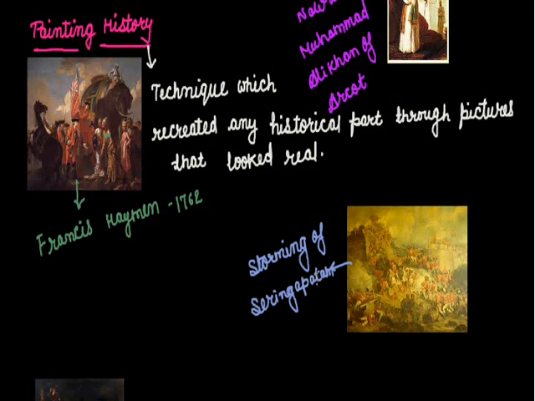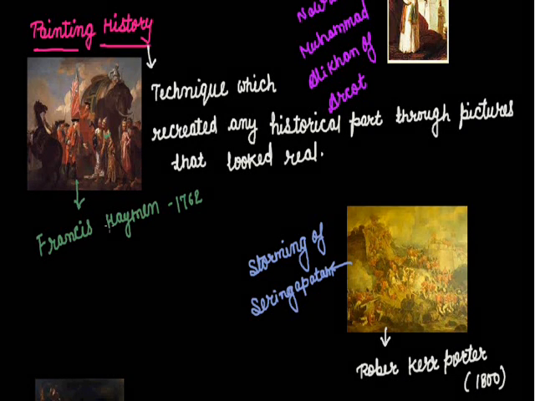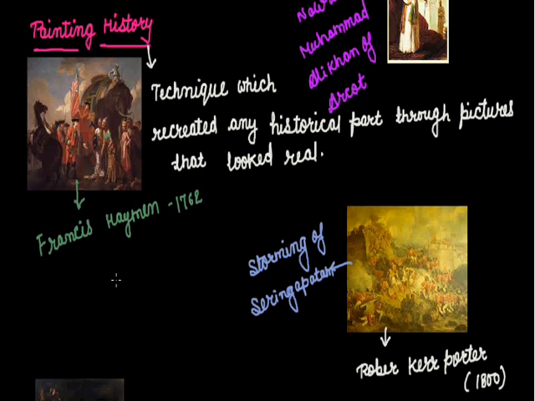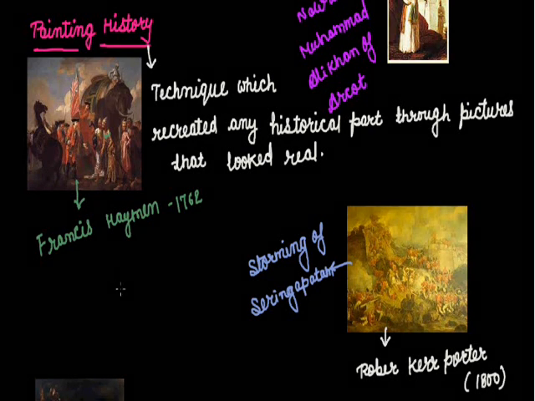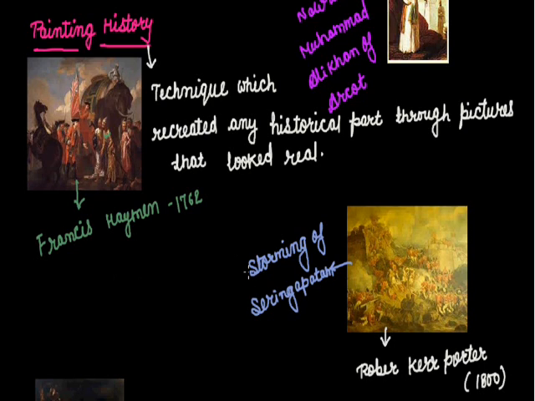Now it is known as Srirangapatnam, and this was also an example of oil painting. This painting was made in 1800. The celebration of British military triumph can be seen in this painting.